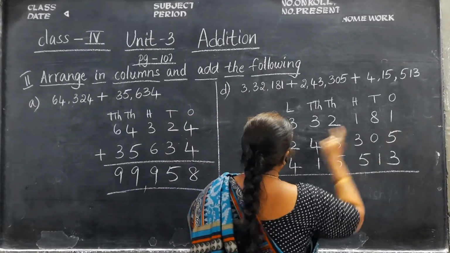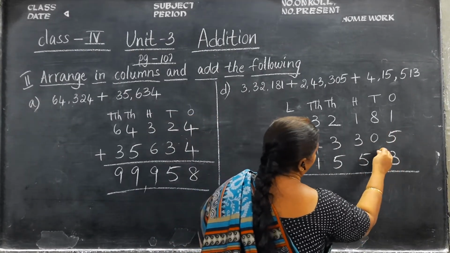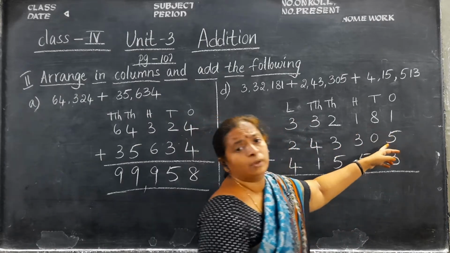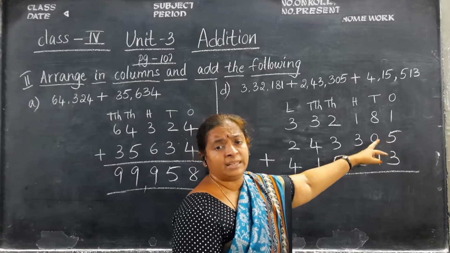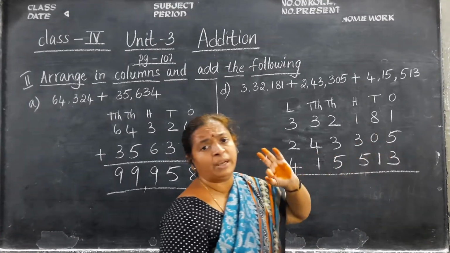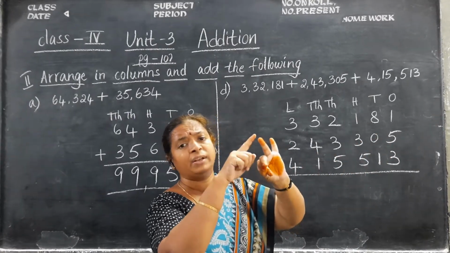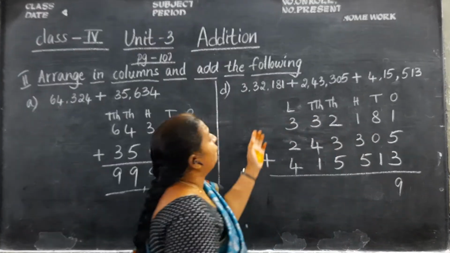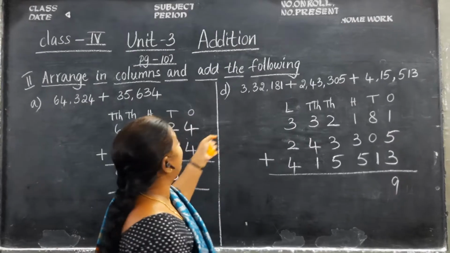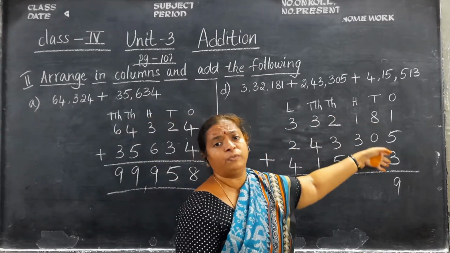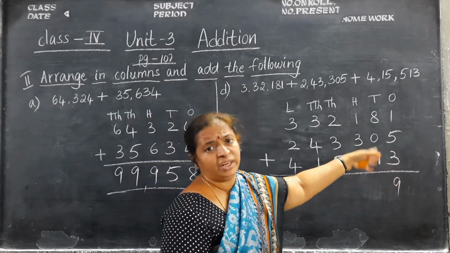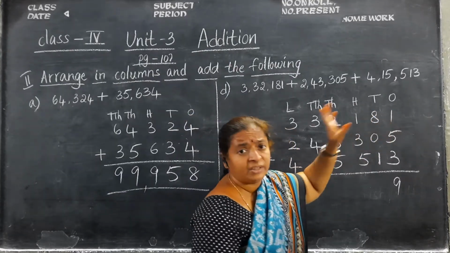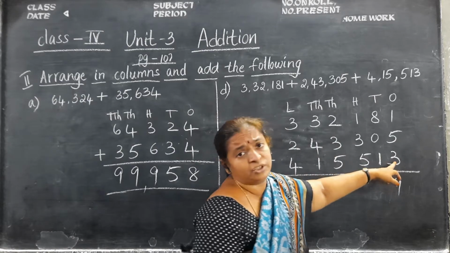See, 1 plus 5 plus 3. 1 plus 5, 6. 6 plus 3: 6 put in your mind, take 3 fingers. After 6, 7, 8, 9. We should do carefully children, because we are doing not 2 but 3 numbers. In one column we have 3 digits, so after adding 2 digits, with that sum we should add the other digit also.